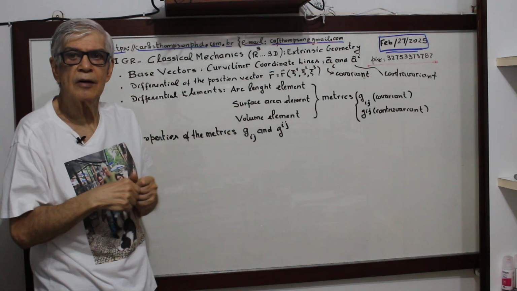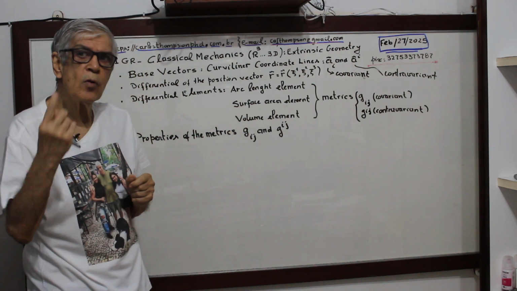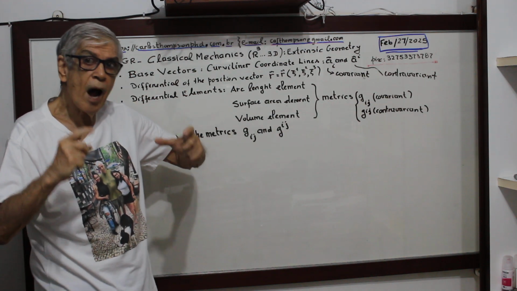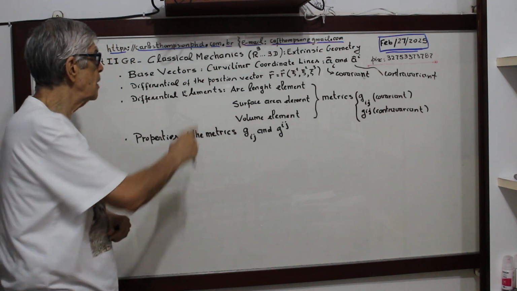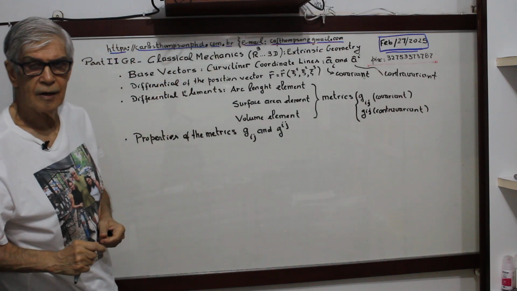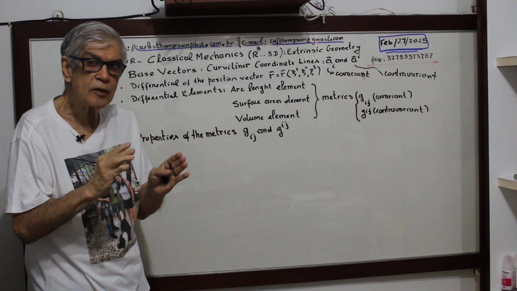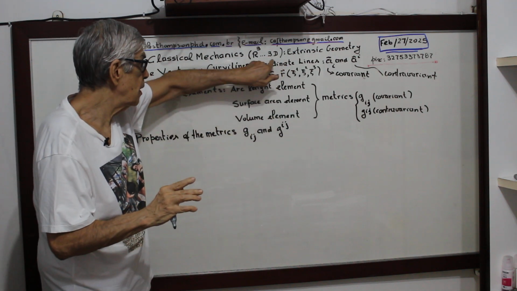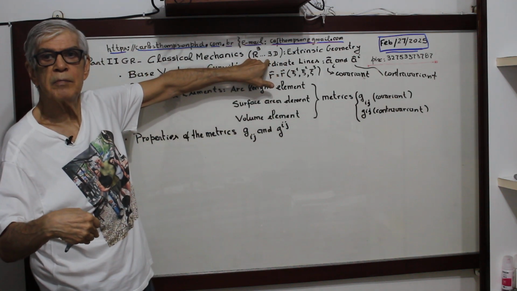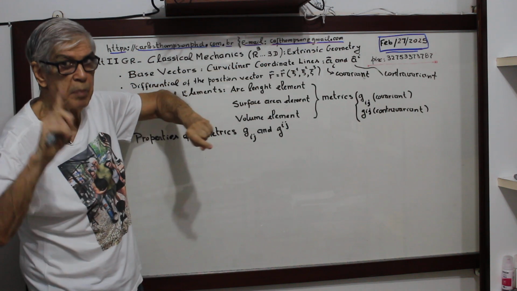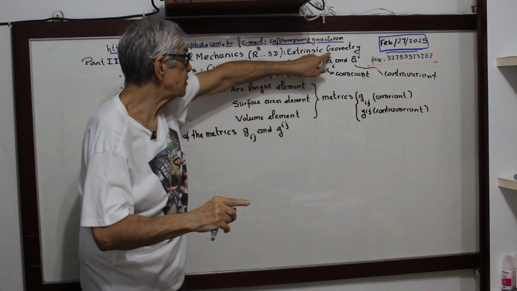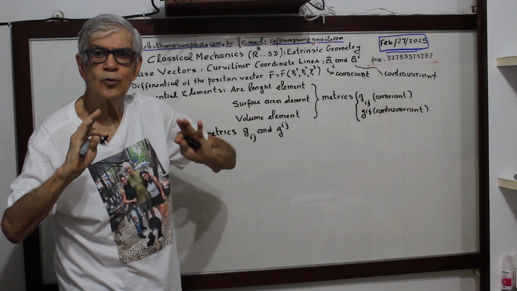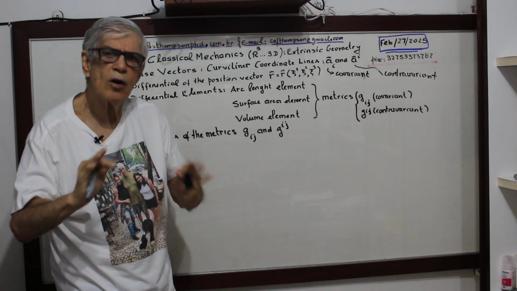By the way, the intrinsic geometry can also be applied to classical mechanics. So, intrinsic geometry can be applied to R3 and R4 for dimension, but the extrinsic geometry is only applied to R3. Is it clear what I'm saying?